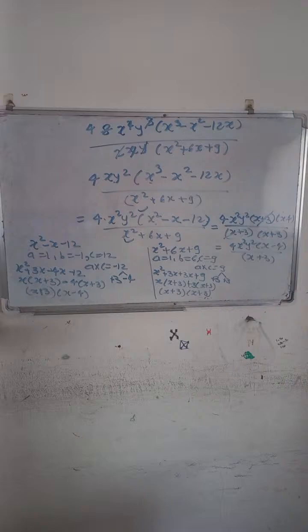So we can do a few more questions, and then we'll go for direct and indirect proportions. I will give a half hour break, and then only we can go for direct and indirect proportions. Still we want to do some factorization, so that our factorization becomes clear.